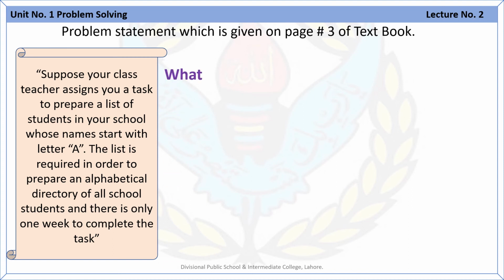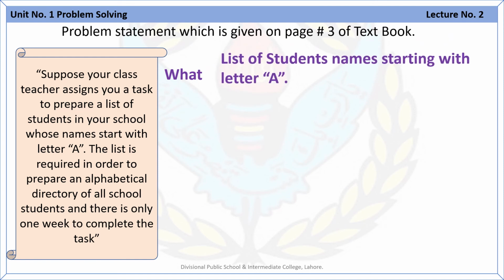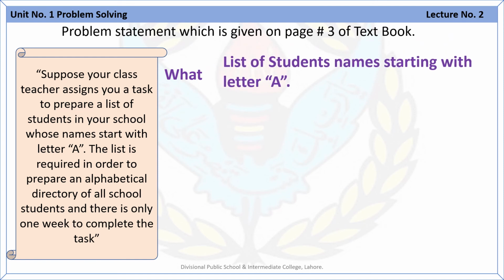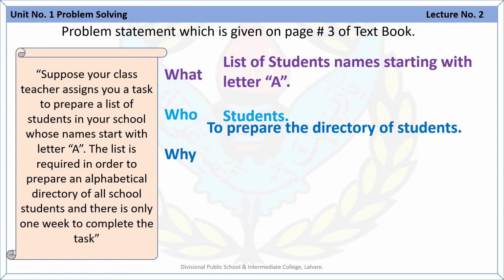First W is what? Here we find the task to be performed. We have to make a list of students' names starting with letter A. Second, who? Who are involved? Students are involved. Third, why? Find the reason why we are making a list: to prepare a directory of the students.